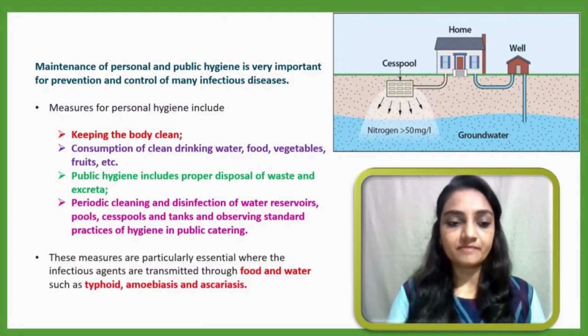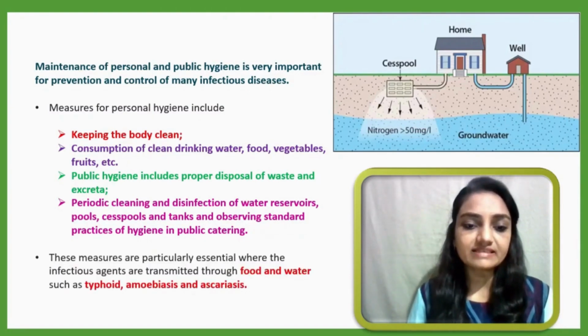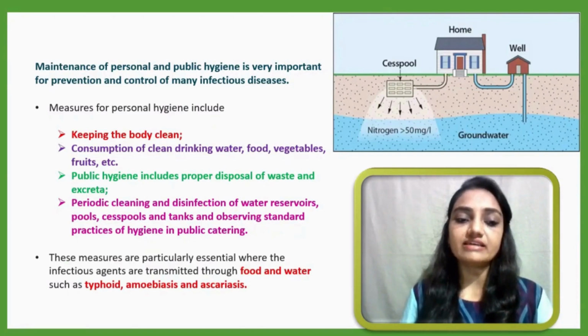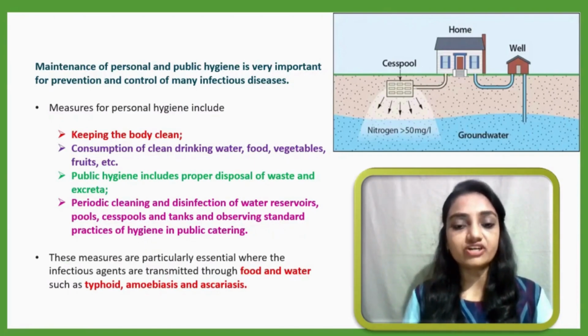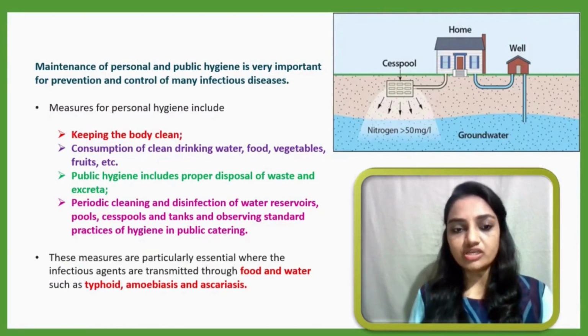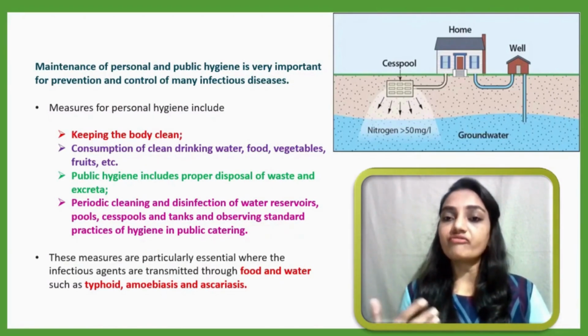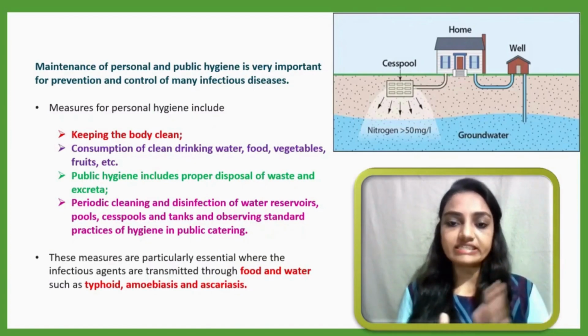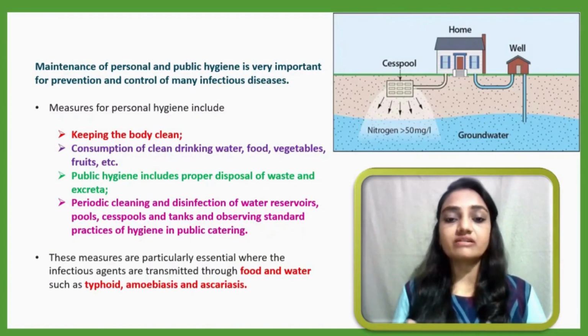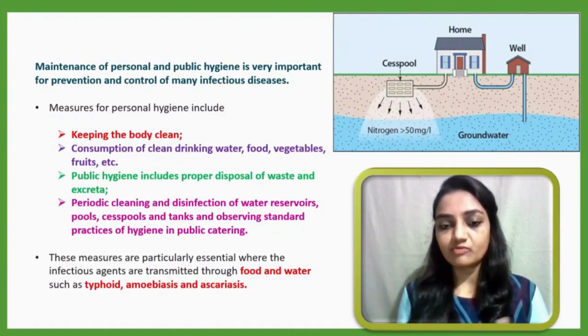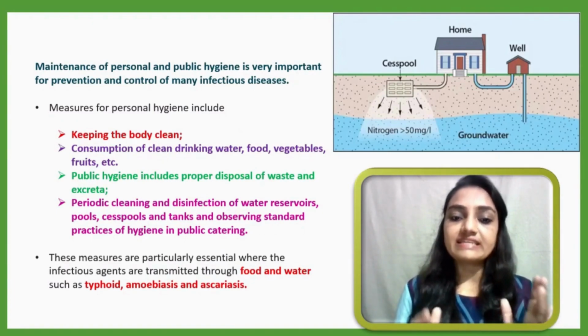Now you can see these measures are particularly essential where infectious agents are transmitted through food and water. Here you can see body cleaning, cleaning of drinking water, food and vegetables, public hygiene including waste and excreta disposal, and periodic cleaning and disinfection of water.